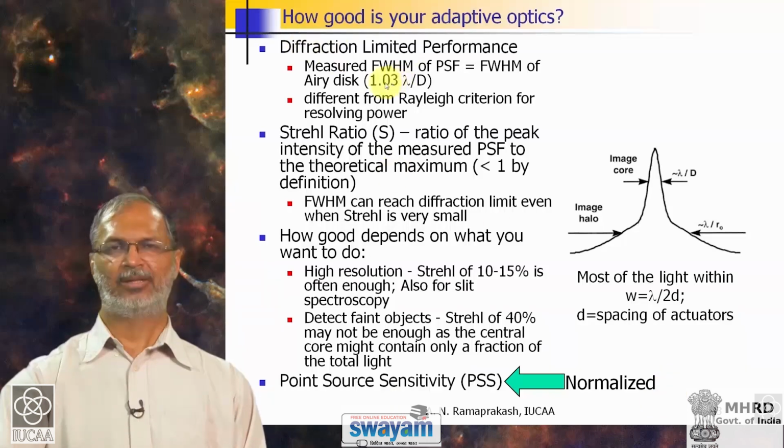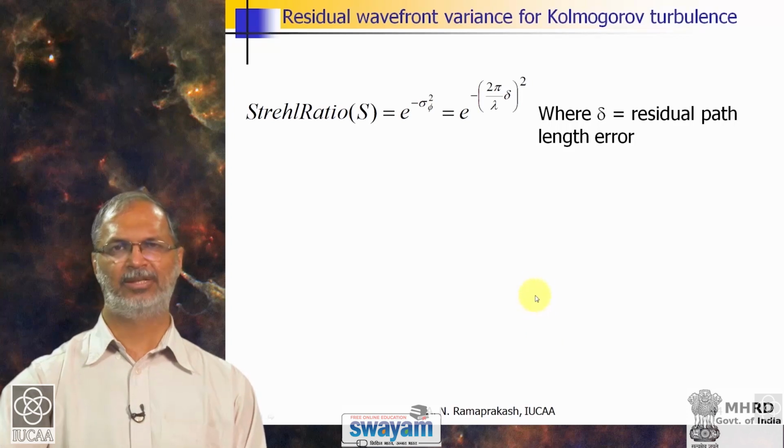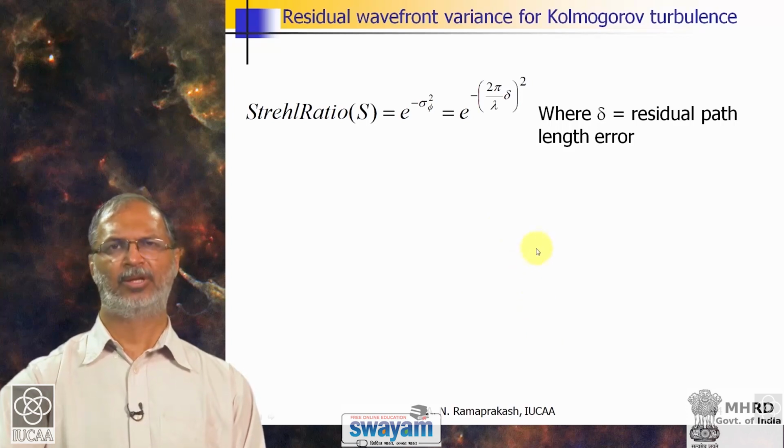One is how tightly the light is brought together into a central focus as close to the diffraction limit as possible, how much of the light is collected in that central spot, and overall finally what is the point source sensitivity delivered by the system as related to the ideal system, which is diffraction limited and is above the atmosphere.